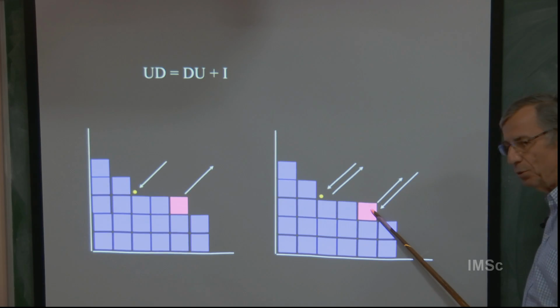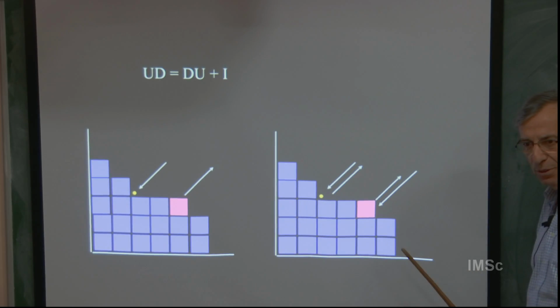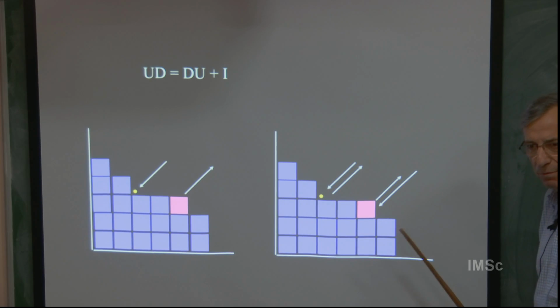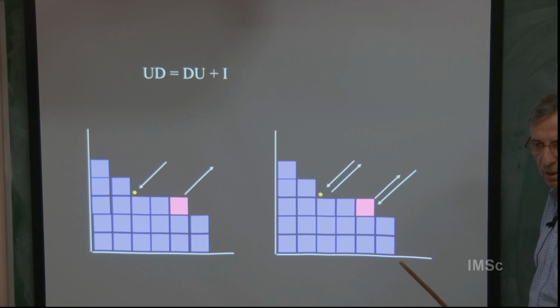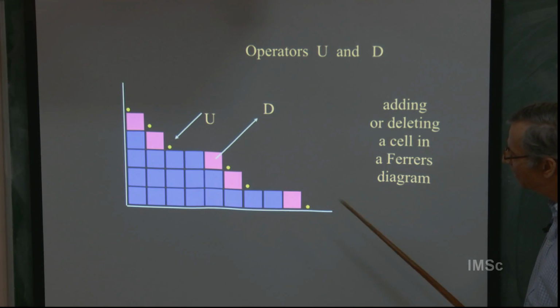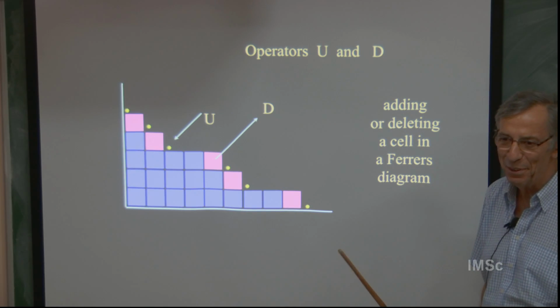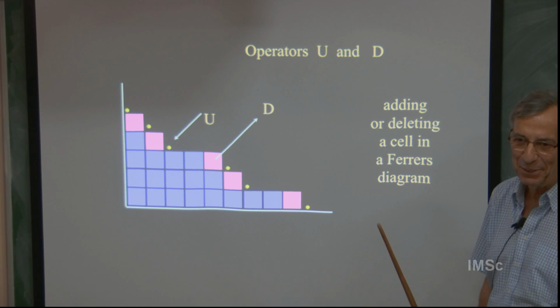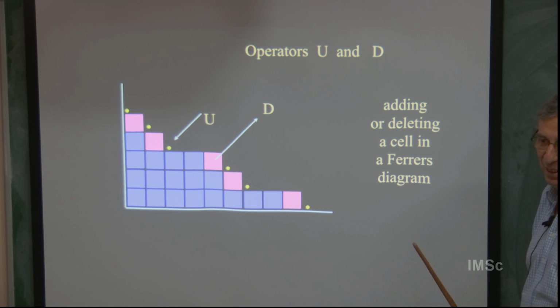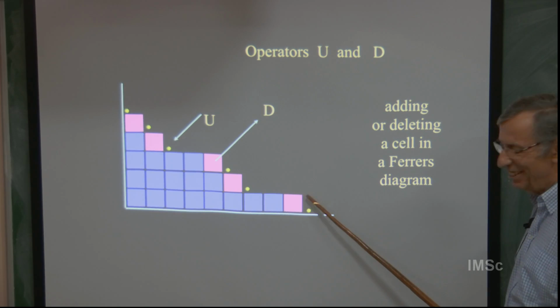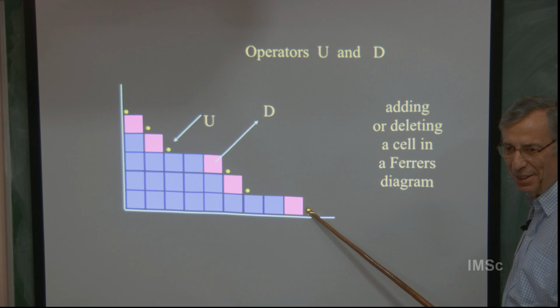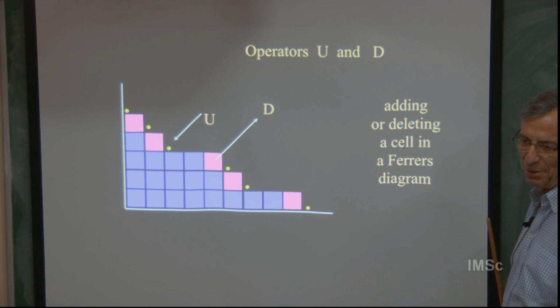If you do the delete first and then the adding, the number of times you get the same Ferrer will be the number of pink points. But there is one more yellow point than pink point. So you really feel that UD equals DU plus the identity. Identity comes from the fact that there is one more yellow than the corner of the Ferrer.